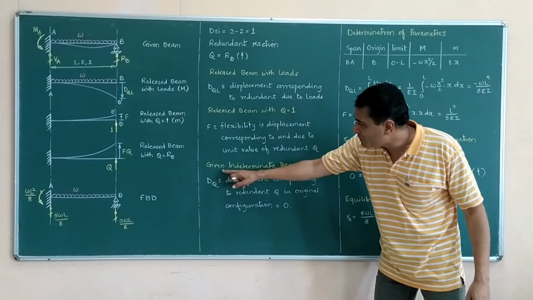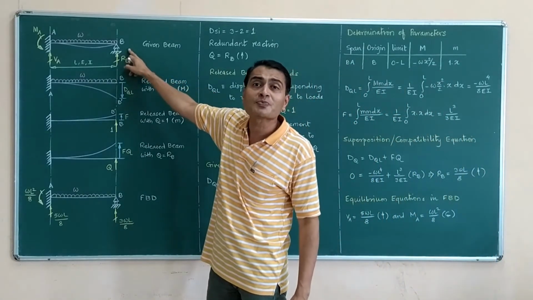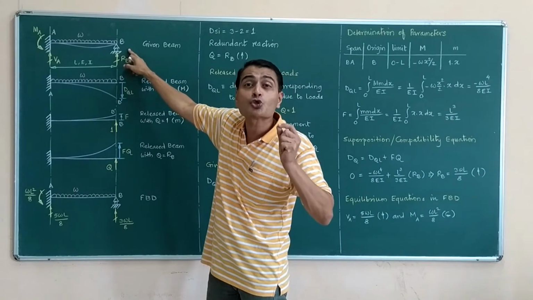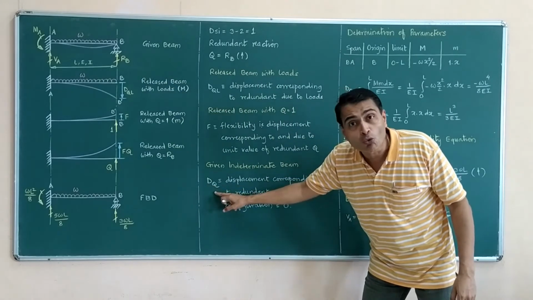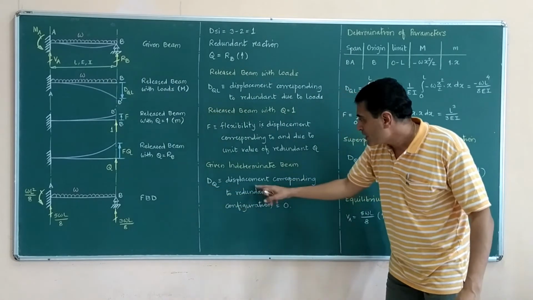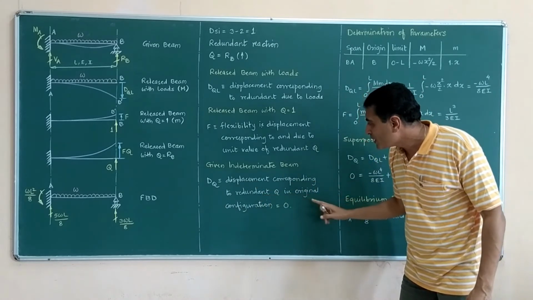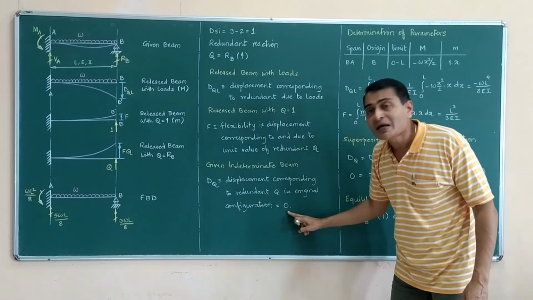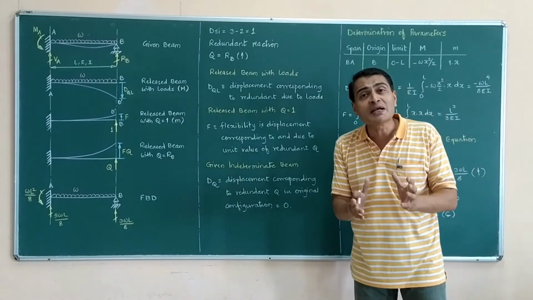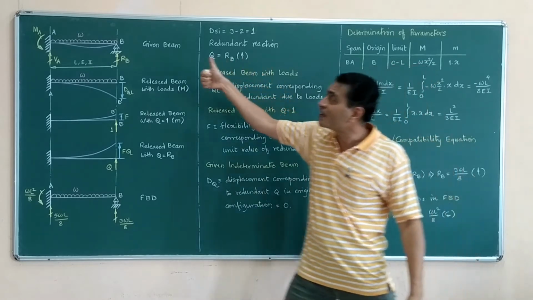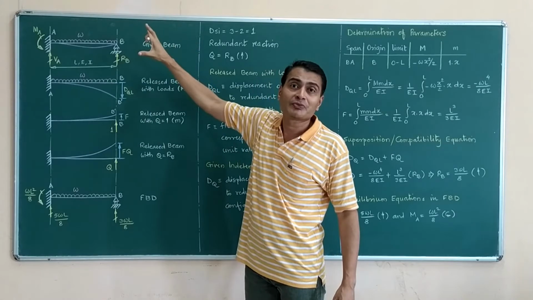Finally, I come to the given indeterminate beam. That means again I am referring to this particular drawing, and here also I am defining one notation, that is dq. What is dq? Displacement corresponding to redundant q in original configuration, and I have written it equal to 0. It is displacement corresponding to redundant q or RB in original beam.